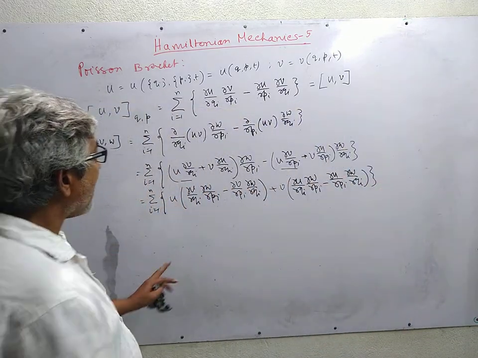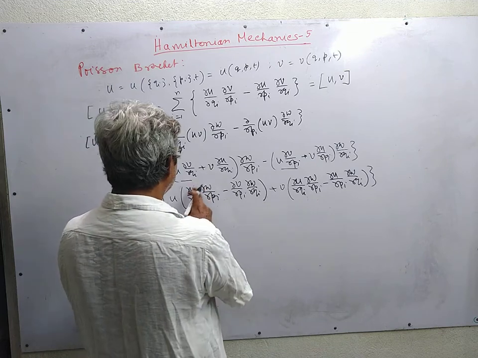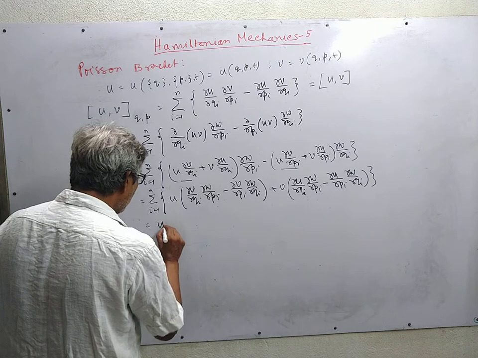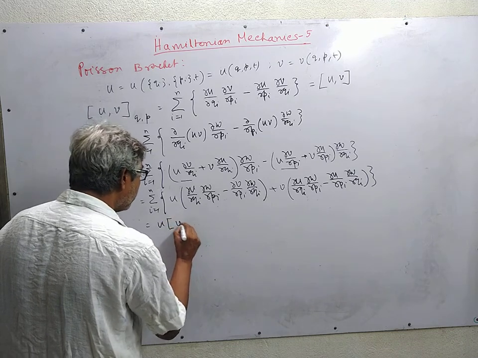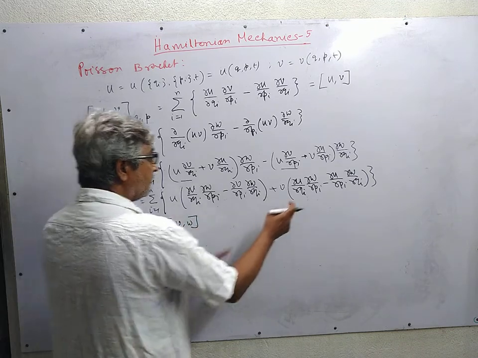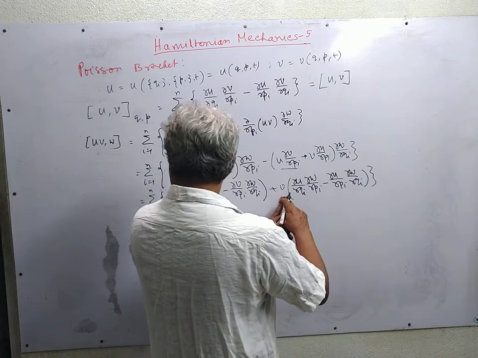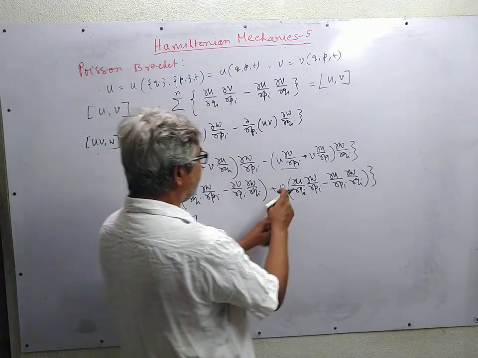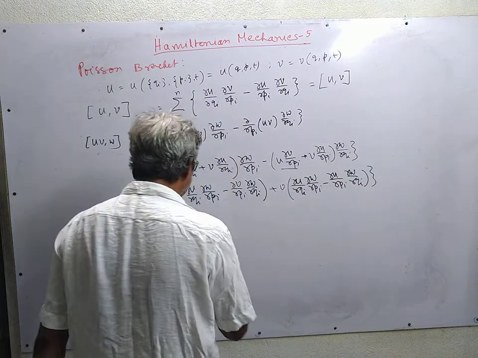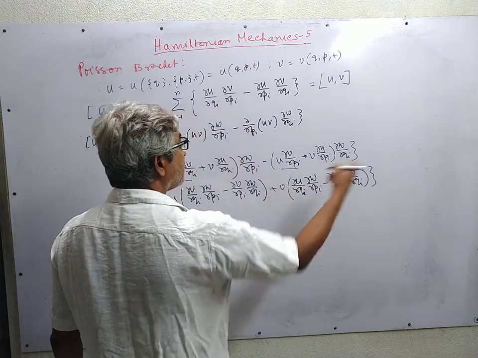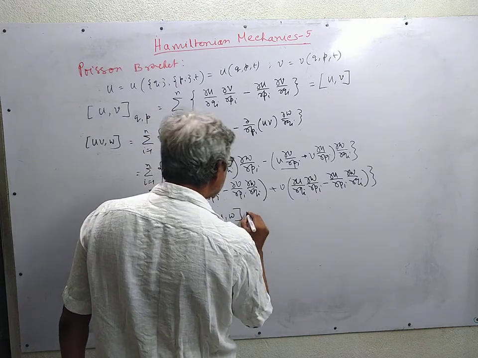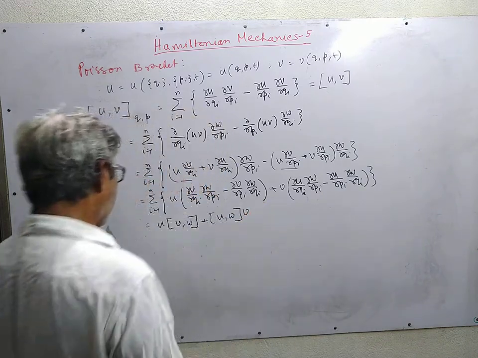If we take U out, this thing is a Poisson bracket of V with W. So this is U taken out, Poisson bracket of V with W, and if we take V out, this is the Poisson bracket of U and W. So this is the product rule.